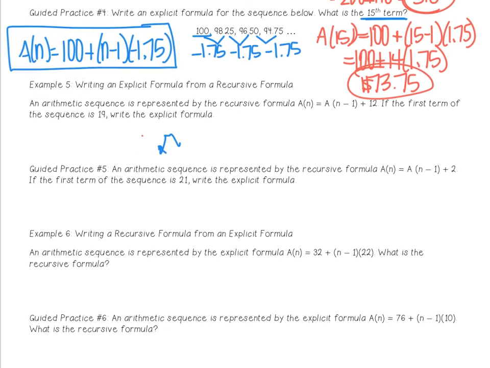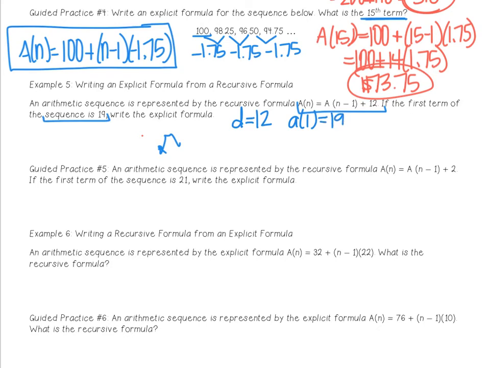Okay, example 5, writing an explicit formula from a recursive formula. They give you the recursive formula here, and they give you the first term. They want you to write an explicit formula. So from this recursive formula, you can see that the common difference is 12, and the first term is 19.